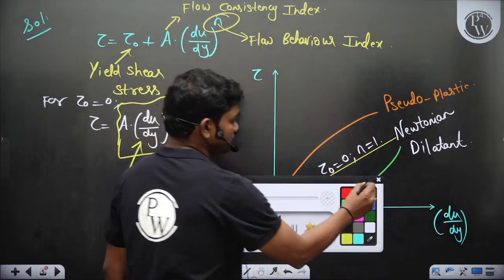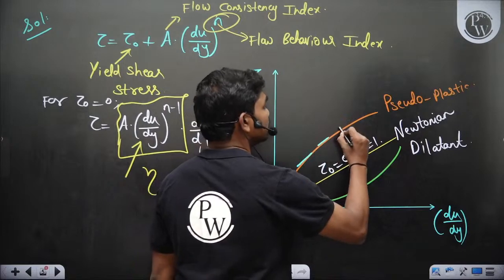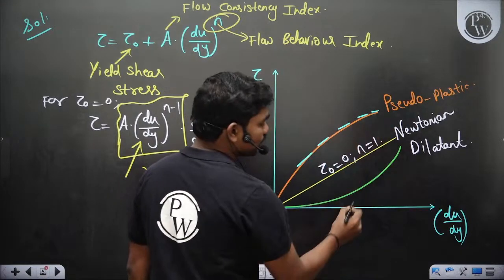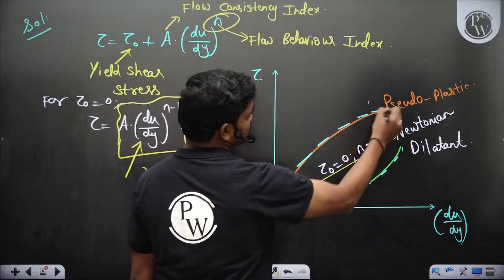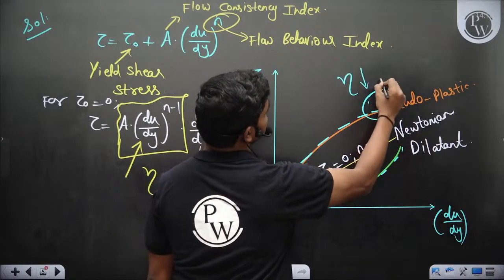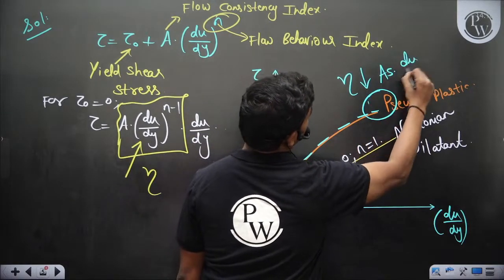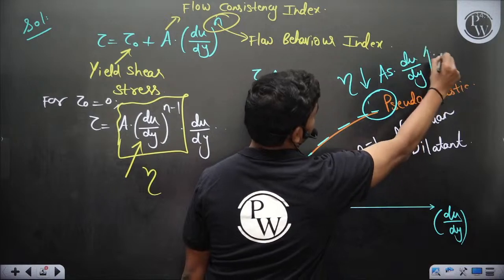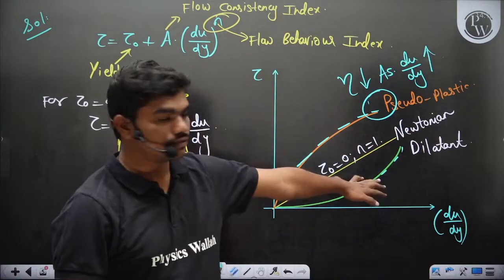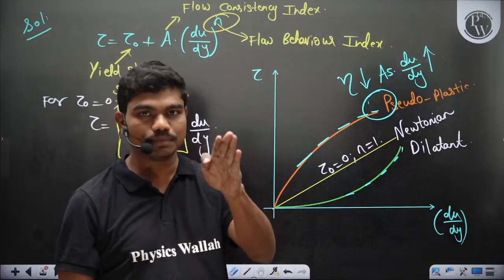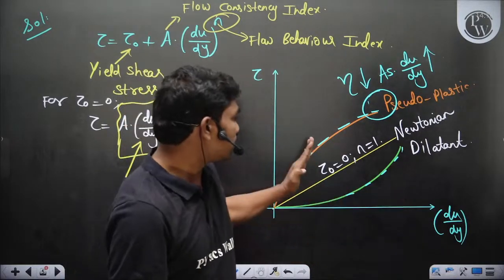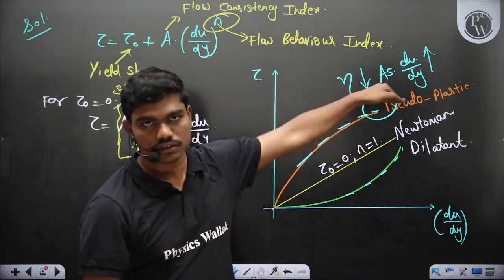Now in this case, if you take the tangent slope, the tangent becomes flatter and flatter, but here the tangents go steeper and steeper. Okay, so in pseudoplastics, this eta decreases as du by dy increases. Okay, so du by dy increases, which tells you that eta will come down, because if you keep the tangent, the tangent keeps getting steeper in dilatant, and the tangent keeps getting flatter in pseudoplastics.